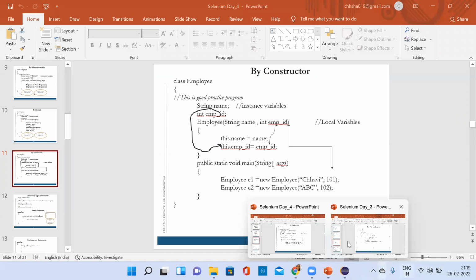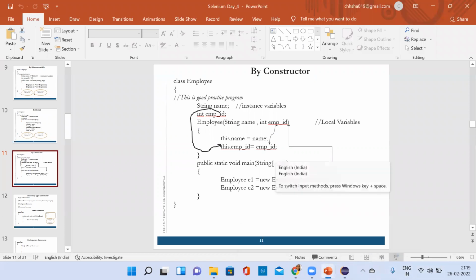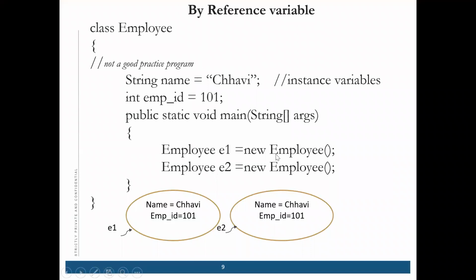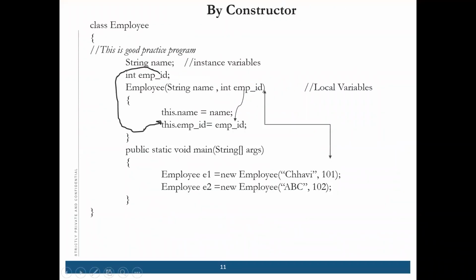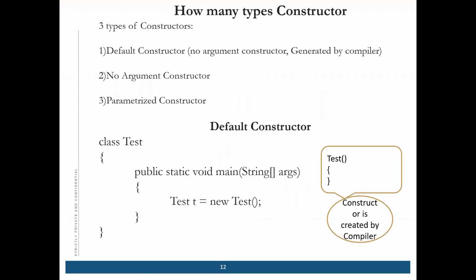Is everyone getting what I wanted to say? So the constructor is reducing our work by just passing the variables through it, and it is called automatically again and again.